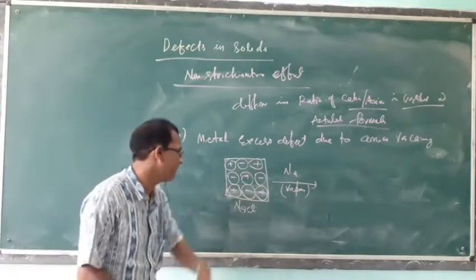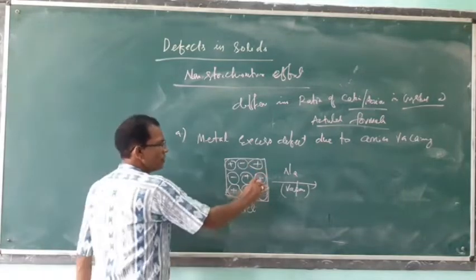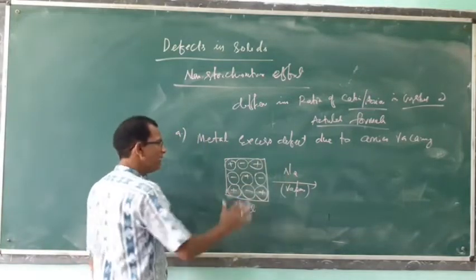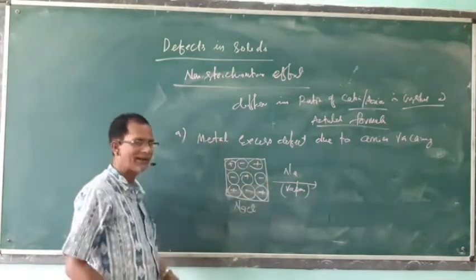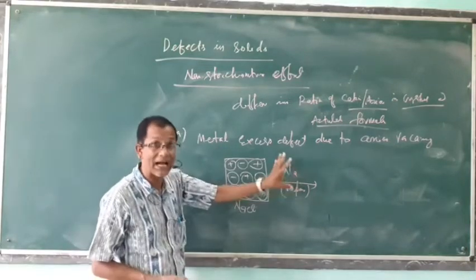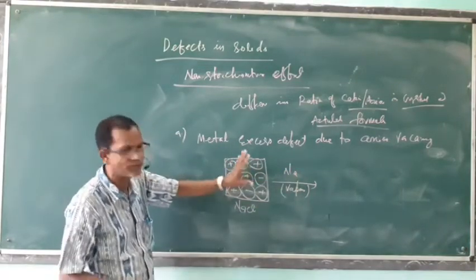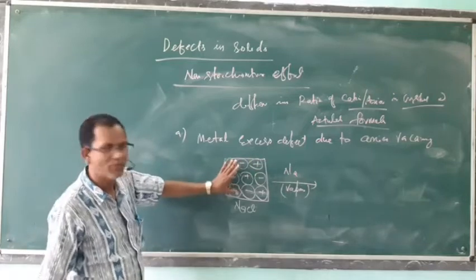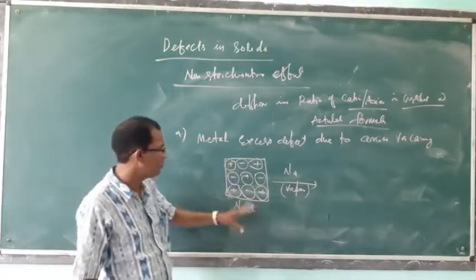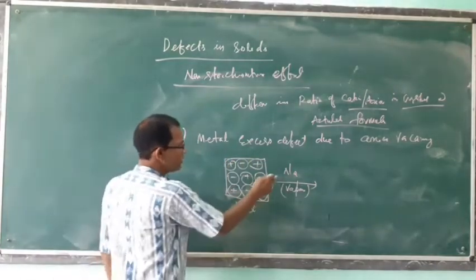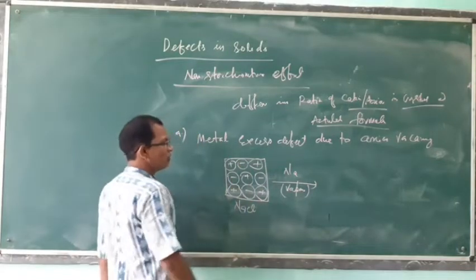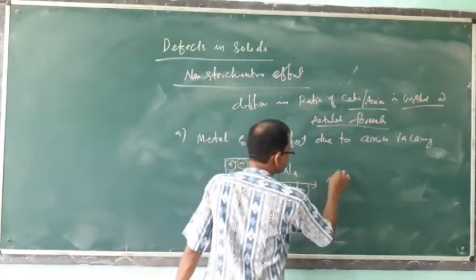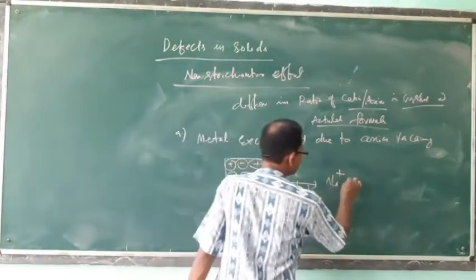When it is heated, as sodium vapor is available at the surface of the sodium chloride crystal, sodium gets converted to Na+, releasing electrons.